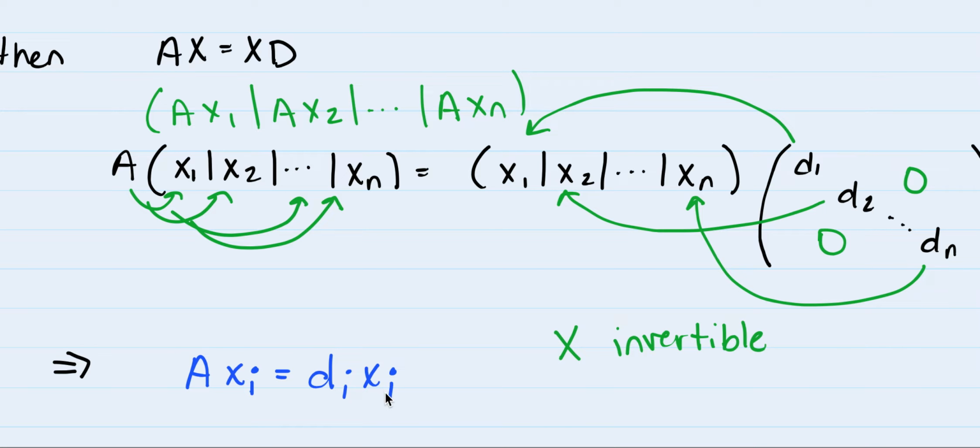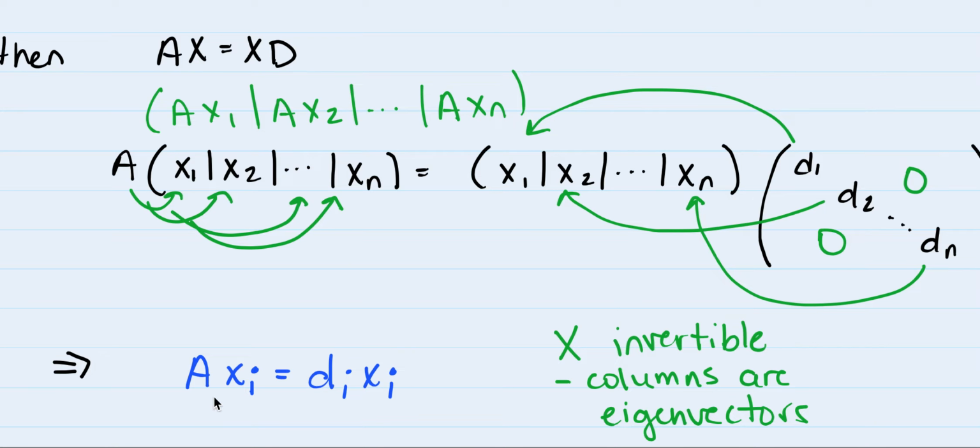So the columns are eigenvectors, because it has the property of an eigenvector: A times this vector is equal to a scalar times the vector.